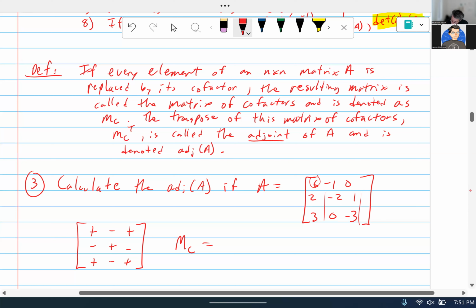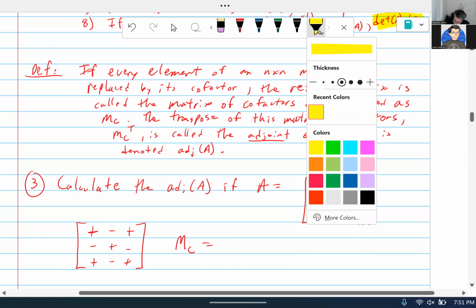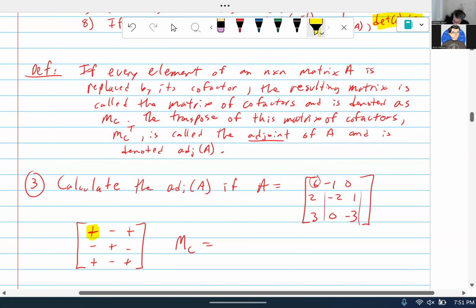Then I look at the sign, and the sign is positive. So I replace this 6 with another +6. That's just the way it worked out.